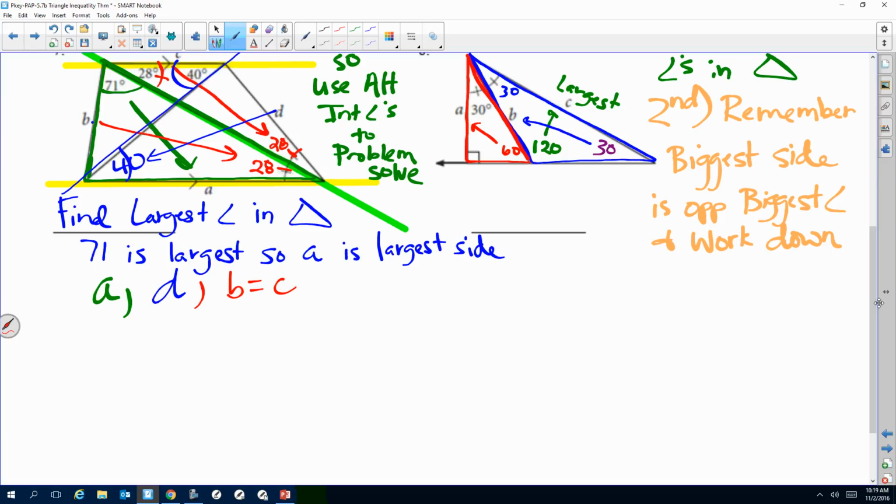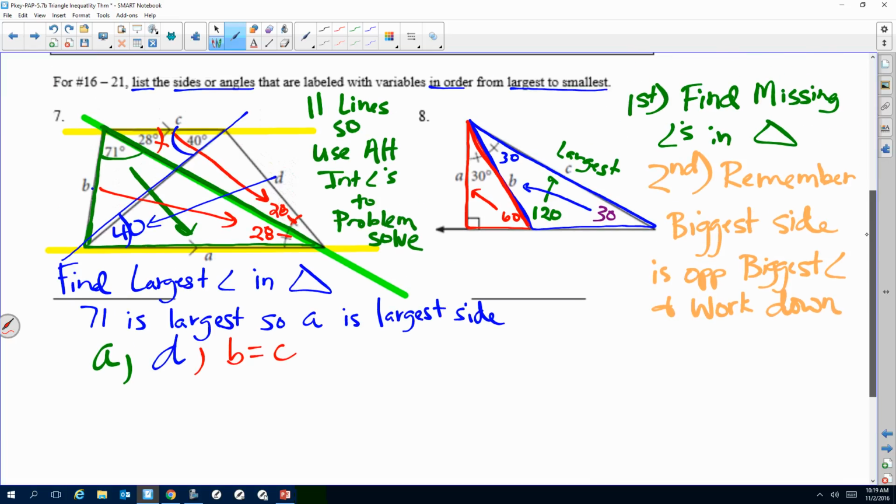Because they have the same angle measure, 28 and 28. Oh, I pointed to the wrong one then.